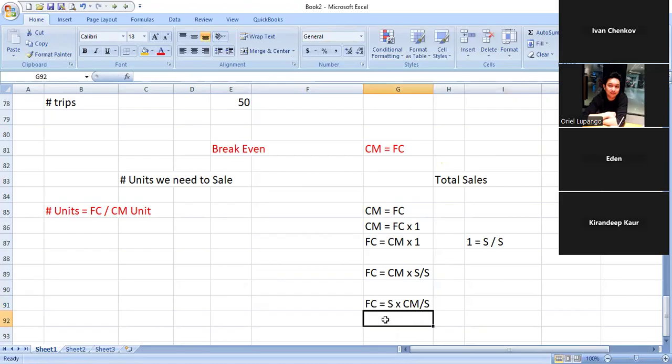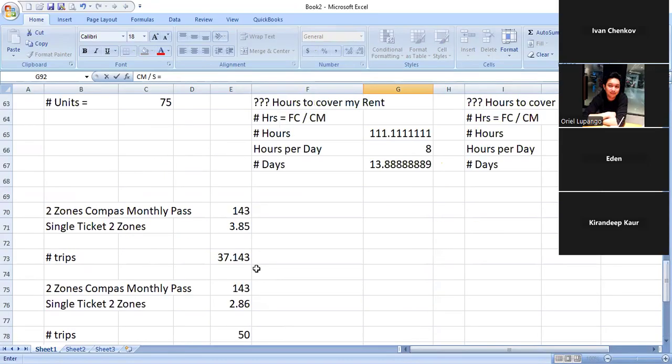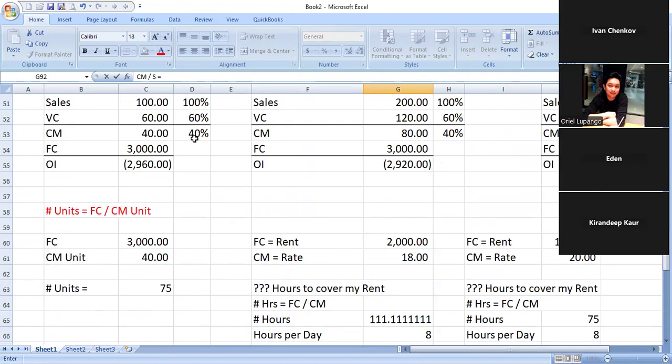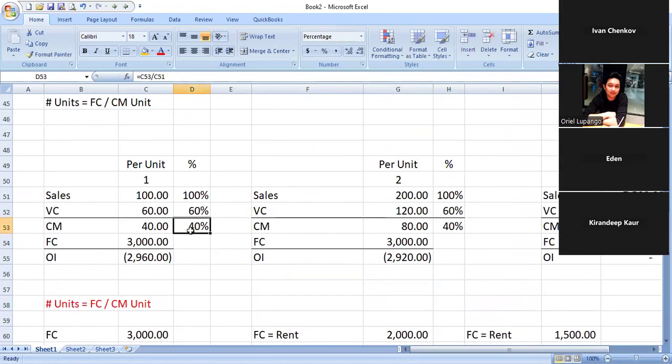But contribution margin divided by sales, what is that going to give us? Remember, how did we get those 40%? We divided contribution margin by sales, correct?